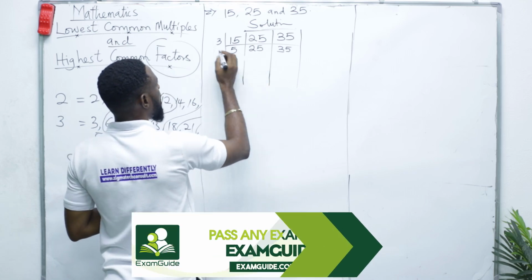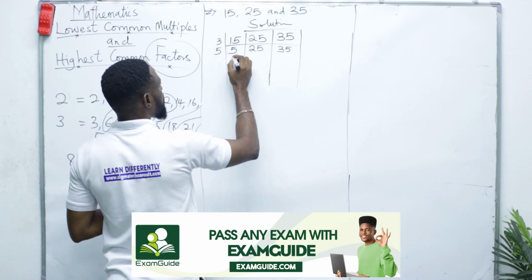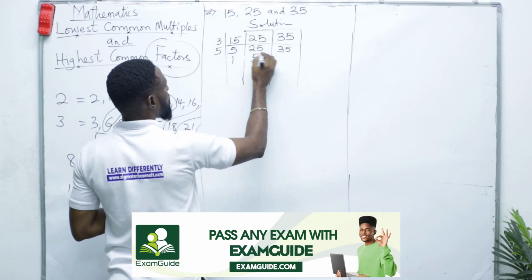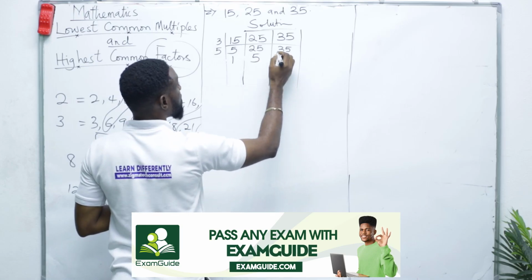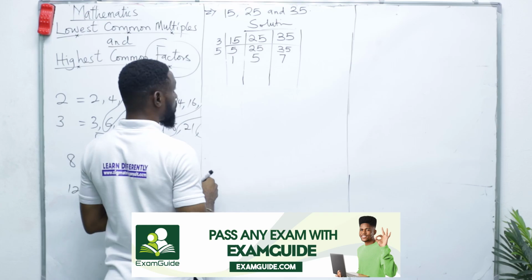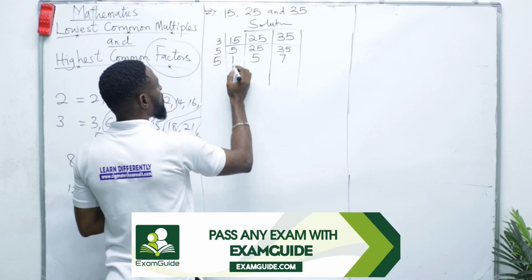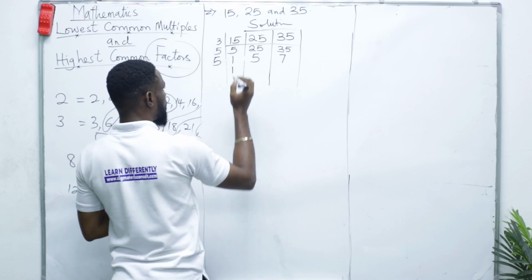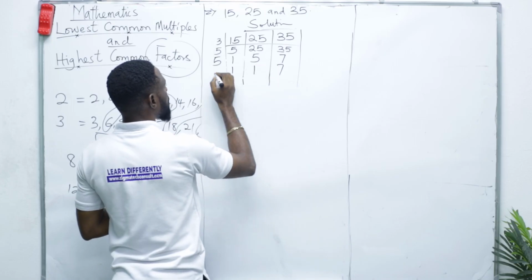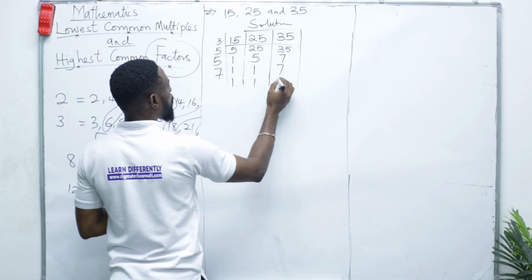Then the next thing now is 5. 5 into itself is 1. 5 into 25 is 5. 5 into 35 is 7. Then we can still go with 5. 5 into 5, we'll bring down the 1, then 7. Then 7 goes 1, 1, 1.